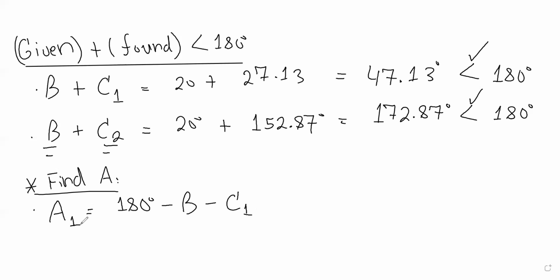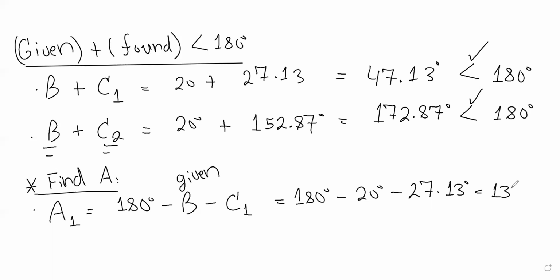Again, a consequence of having two C angles is that I produce two A angles. Now this is confusing because a lot of students, I noticed, would write a B1, but whatever your given angle is, it just stays alone. There's only one given angle. So this is 180 minus given minus C1. And this gives 132.87 degrees for A1.